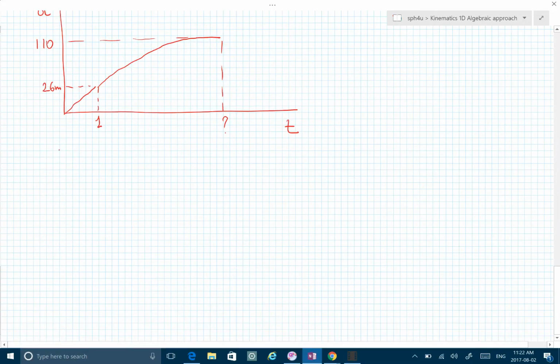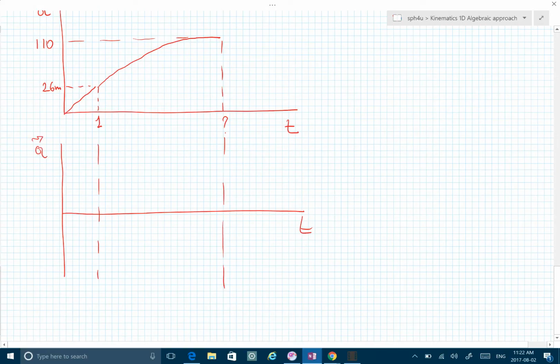And if I were to do the acceleration time graph, again, T and A, on the first 1 second, there is no acceleration, so it's 0. And then it's -4, right?